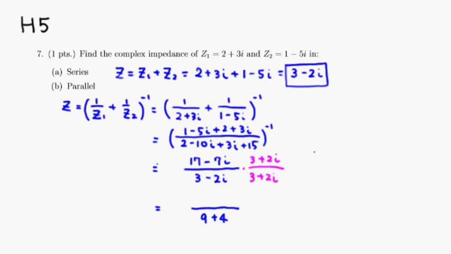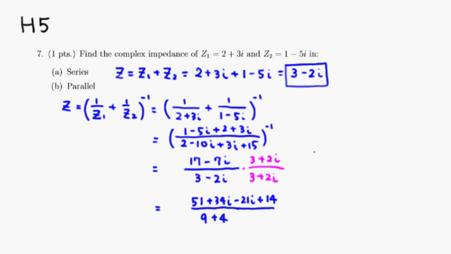If you multiply this out, 3 times 17: 3 times 7 is 21, 3 times 1 is 3, so 2 plus 3 is 5, 51. And 17 times 2i would be 34i, and minus 7i times 3 is 21i. Then you have 7i times 2i, so negative 7i squared, which is going to be positive 14.